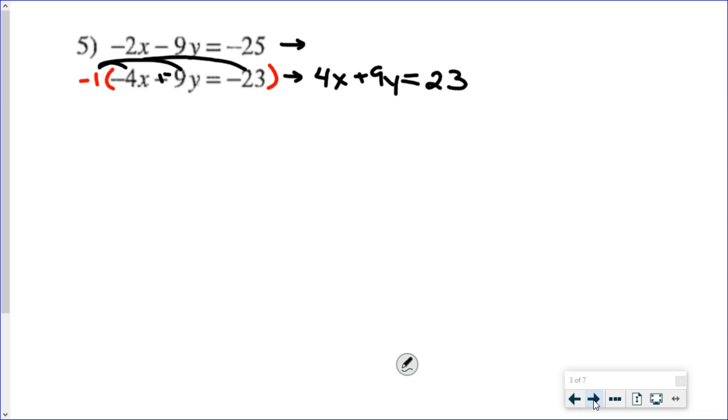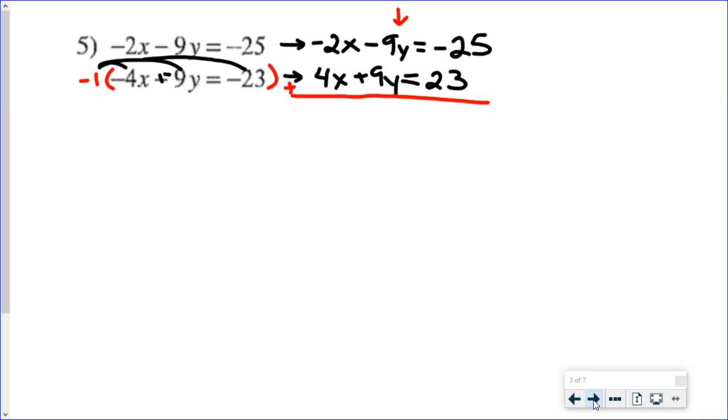The top one I'm just going to rewrite. And what you're going to notice then, if all I need is a sign change, like 2 negatives, I need to multiply through one of the equations by negative 1. And look, now here I have a positive 9y and a negative 9y, and those will cancel.